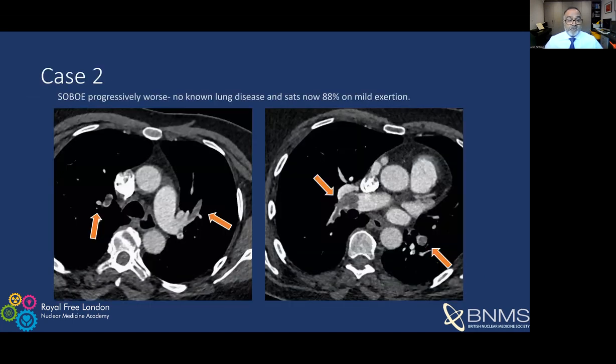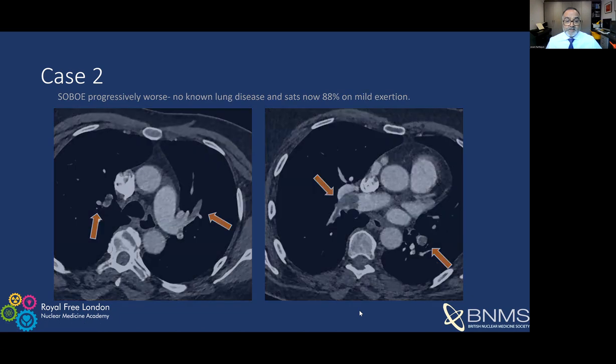This is case two, where you have a patient who has become progressively short of breath on exertion, and now their SATs are at 88% on mild exertion. You can see that there are larger filling defects in the proximal pulmonary circulation, lobar as well as segmental branches.